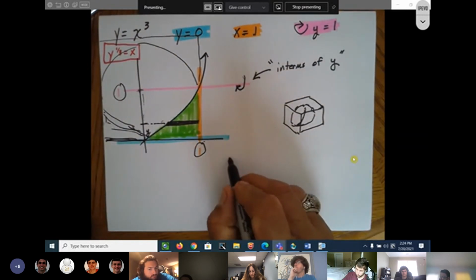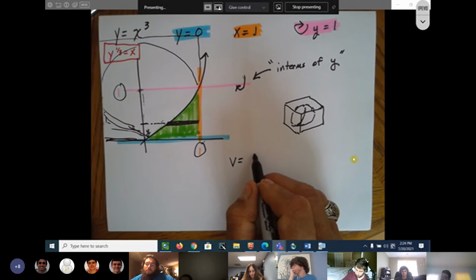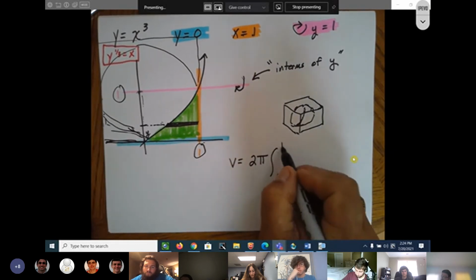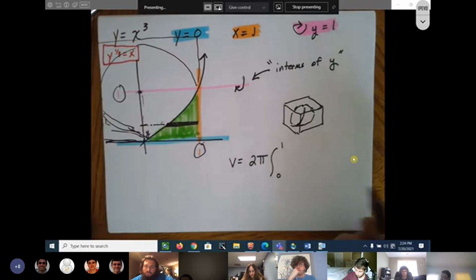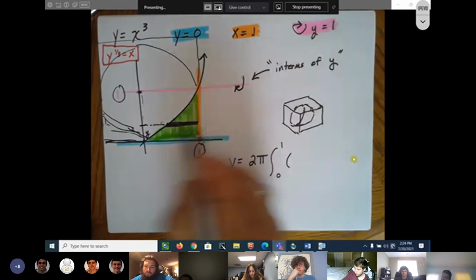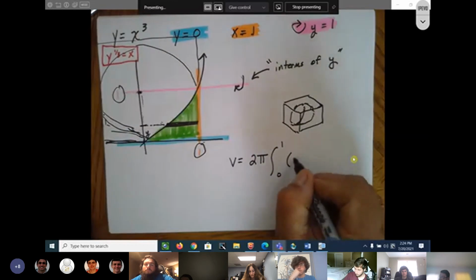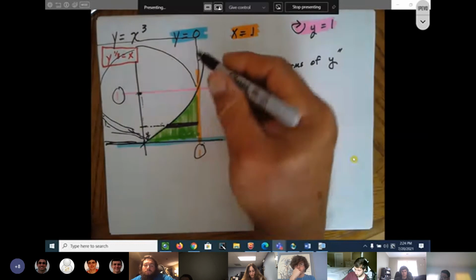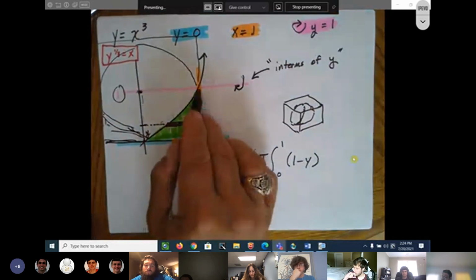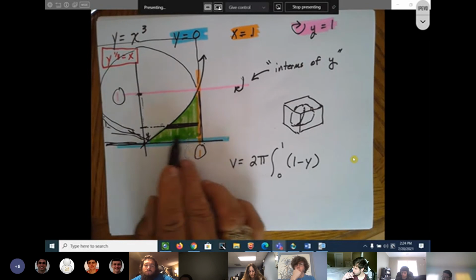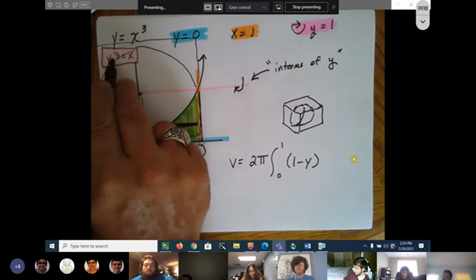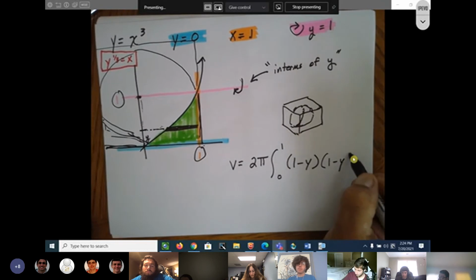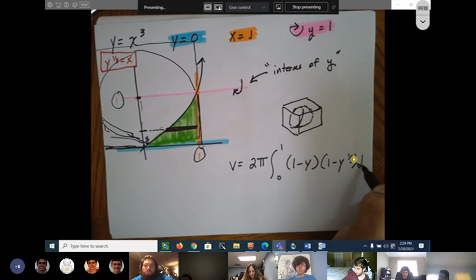So V is equal to 2 pi, from 0 to 1, of 1 minus y, and then this right here is going to be 1 minus y to the 1/3, dy.